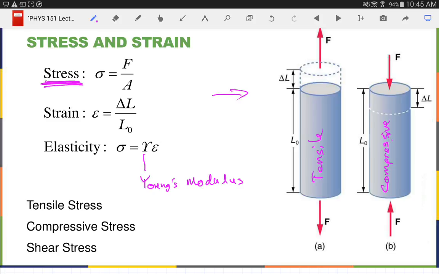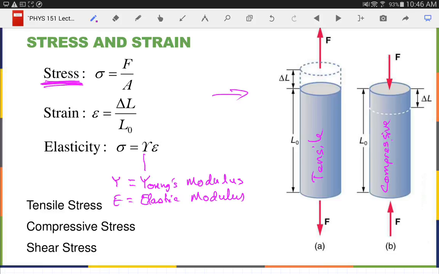Young's modulus, also known as the elastic modulus, so you'll see it written both ways. We use the E for the symbol if we call it elastic modulus, Y for the symbol if we call it Young's modulus, but it's the same thing. So E and Y are the same. It's just some tables will have one, some will have the other. That applies for both tensile or compressive stresses.